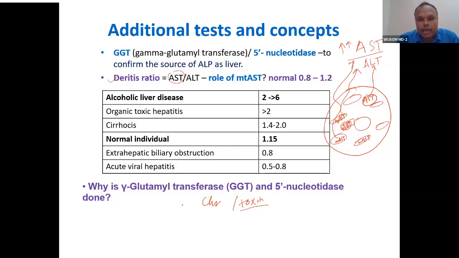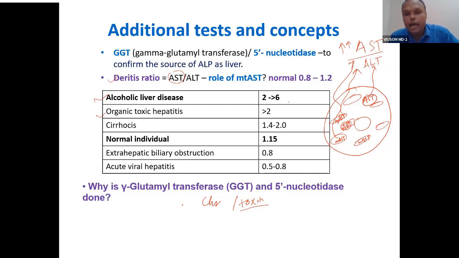As a result, AST will become very high in liver disease. You can see in toxic hepatitis and in alcoholic liver disease, toxin will cause AST to go very high, and that is why this AST/ALT ratio will be more than 2 in toxin-related, alcoholic liver disease.